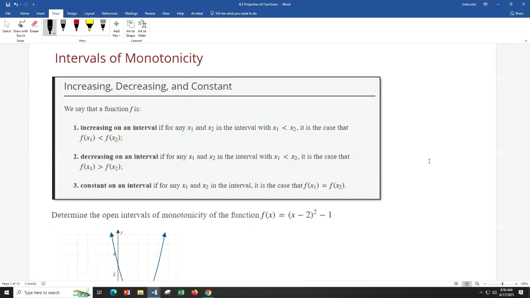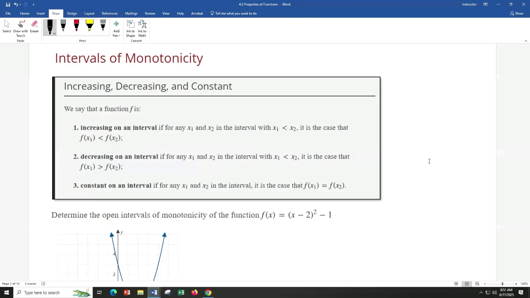You have an increasing interval. It's getting larger, okay? If for any x1, a point, and x2, in the interval with x1 less than x2, that means you have to make sure that your one point is smaller than your next point. This isn't like finding slope where it doesn't matter which way you do them.